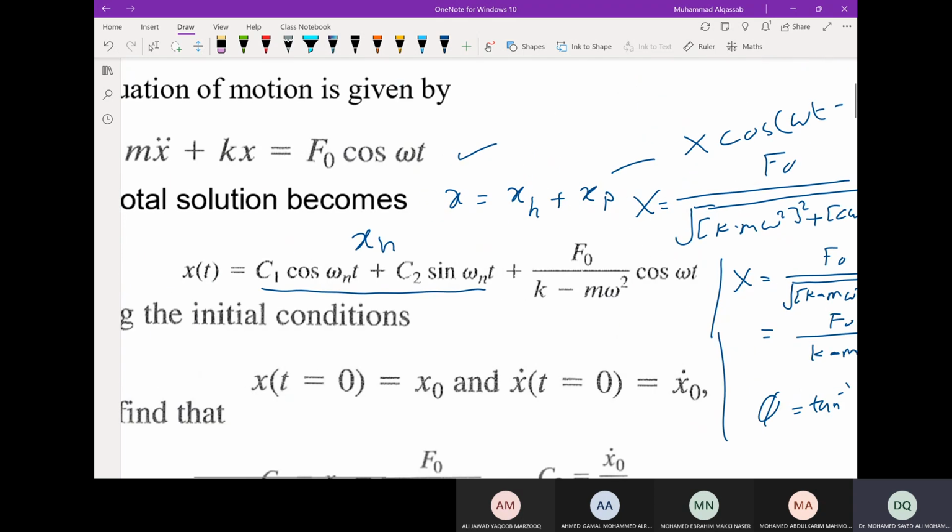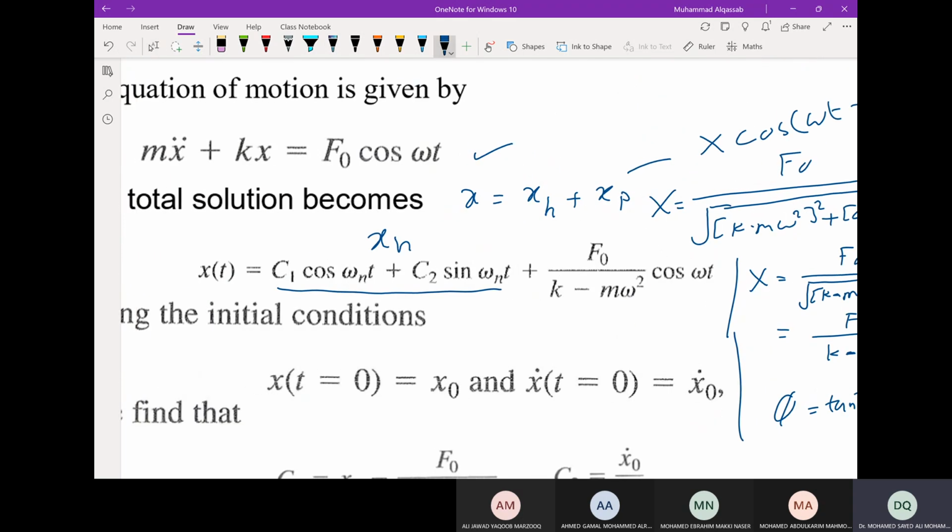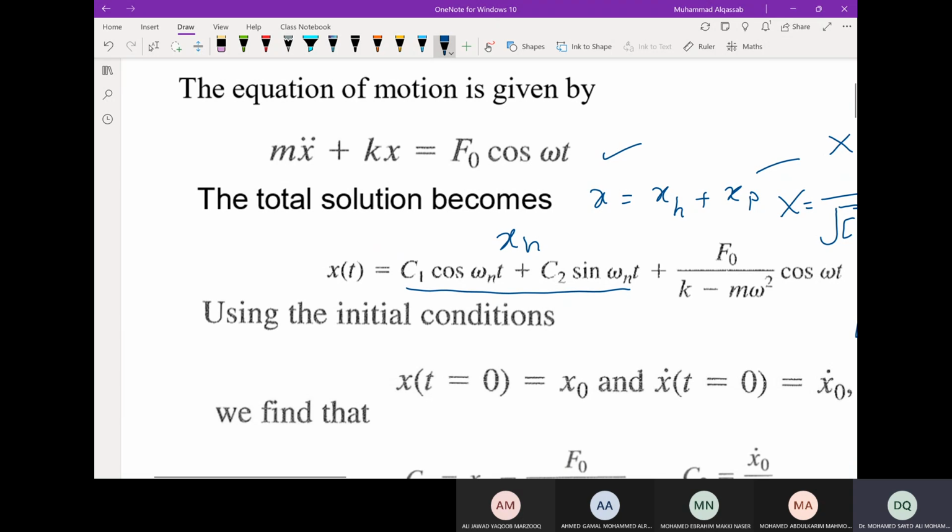So the total solution now is this: homogeneous, which has the two constants to be found from initial conditions after forming the total solution, of course, plus the particular solution, f naught over k minus m omega squared, cosine omega t. So everything is known here in the particular solution. And omega, of course, is known because omega n is the square root of k over m. So we don't have to write this equation again. We need to find C1 and C2, so we use initial conditions to find C1 and C2.